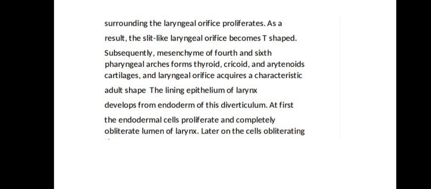During this recanalization at the 10th week, there is also development of what you call the laryngeal ventricles. These ventricles are bounded by folds of mucous membrane that become the vocal cords and the vestibular fold.